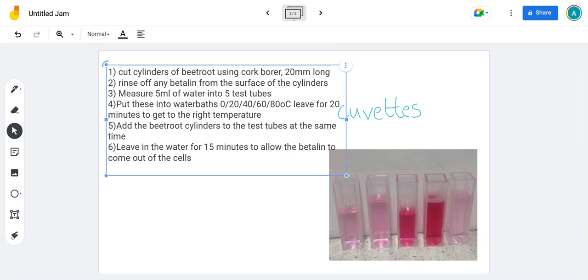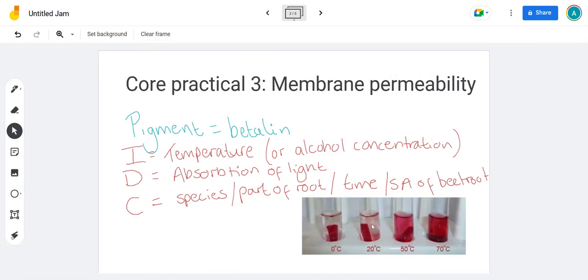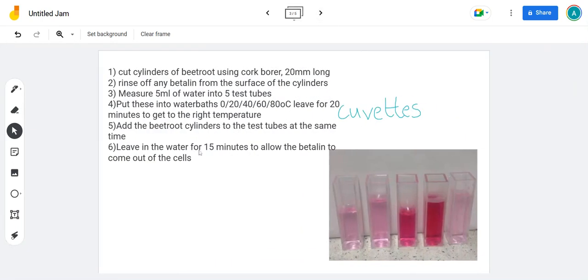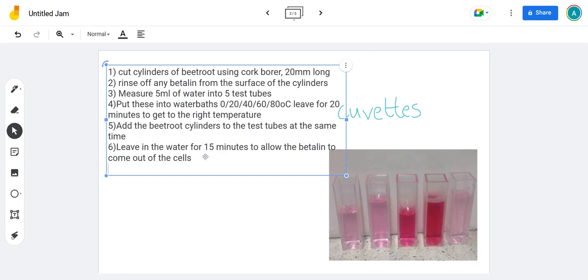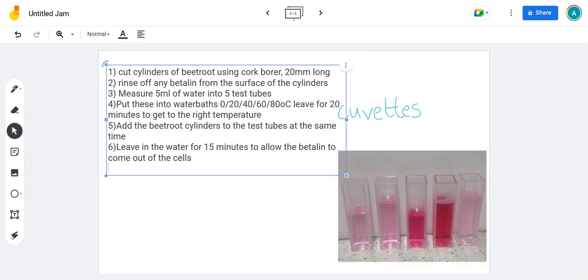And what you'll find is that if I go back and look at this, some temperatures, hardly any pigment will come out of the cells and the liquid will still look clear. But then other ones, loads of pigment will come out through those membranes and the liquid will start to look really pink. All right, so leaving the water for 15 minutes to allow the betalain to come out of the cells, or not, depending on what temperature it is.